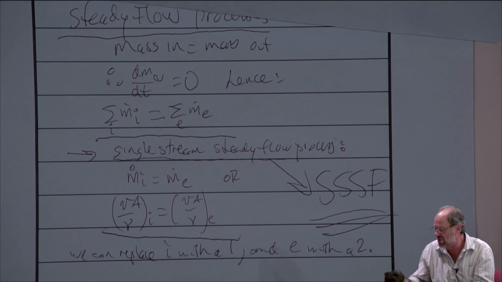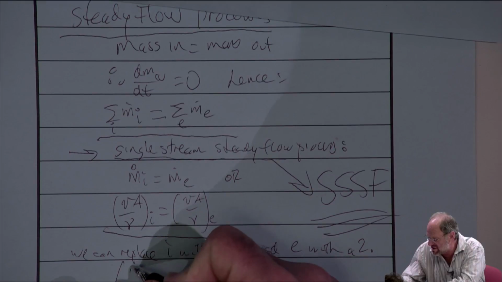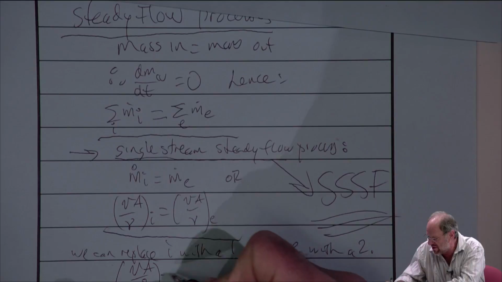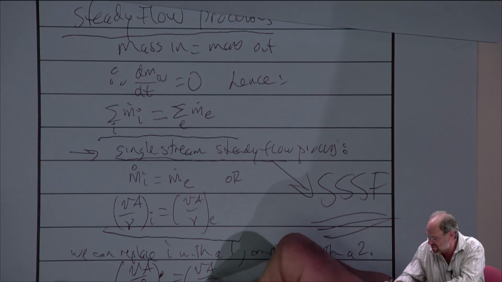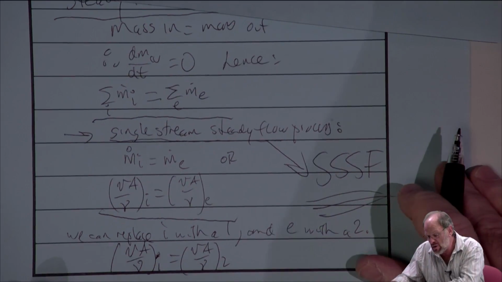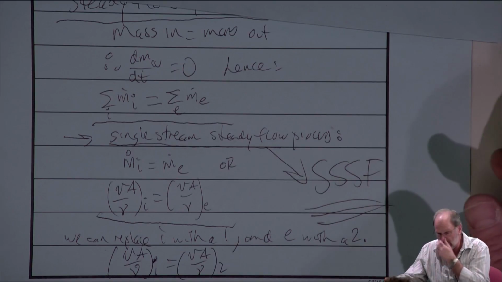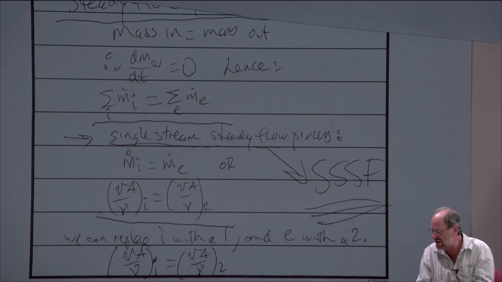We're now going to use 1 and 2 to represent the inlet and the exit state. So we could just as easily write this as velocity times area over specific volume at 1 equals velocity times area over specific volume at 2. You don't have to do this. If you are more comfortable, just leave it with an i and an e. But the book does this; the author changes the i's to a 1 and the e's to a 2 for simplification.